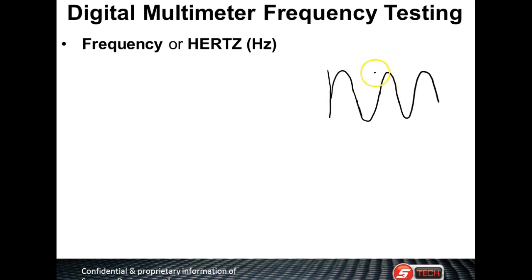Well, we call one complete cycle, one complete waveform, a cycle. And then the cycles are occurring at a certain rate, and we call this the frequency. So frequency is the rate of the cycles.